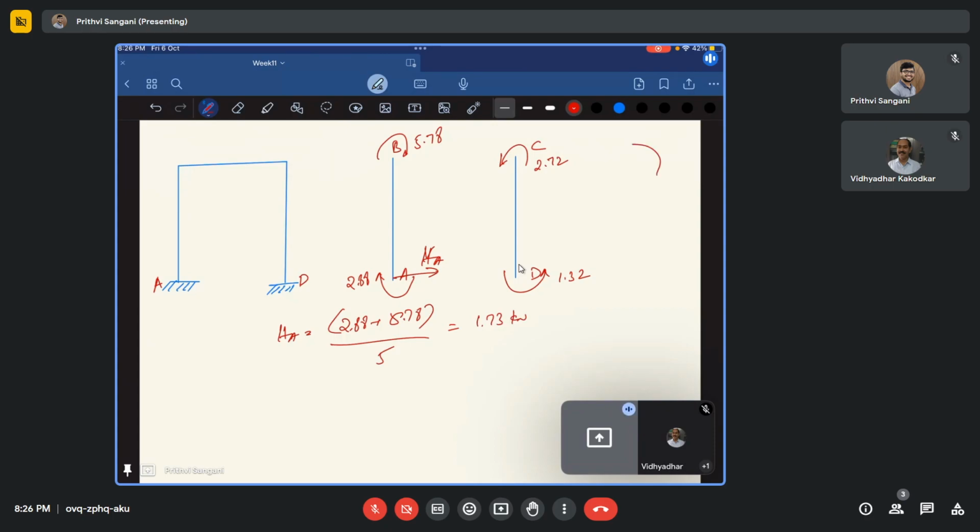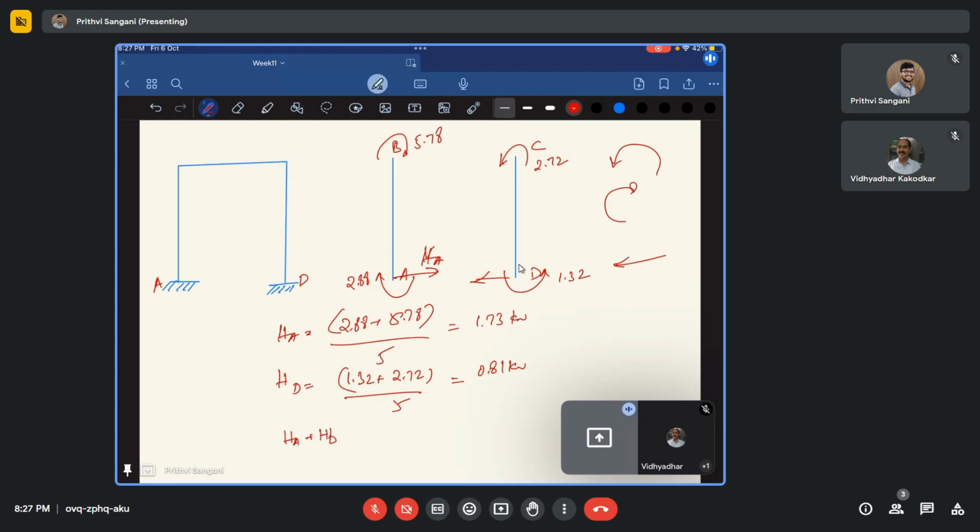And what is going to happen here? Everything is actually rotating in this direction. So you should have a force coming in this way to counter this rotation, right? So HD is going to be 1.32 plus 2.72 divided by 5. This is almost 4 by 5, almost 0.8. This is 0.81. Okay. Now, HA plus HD, how much is that?